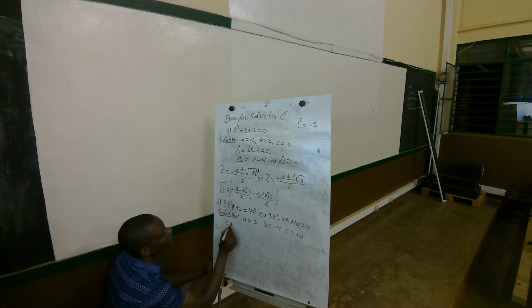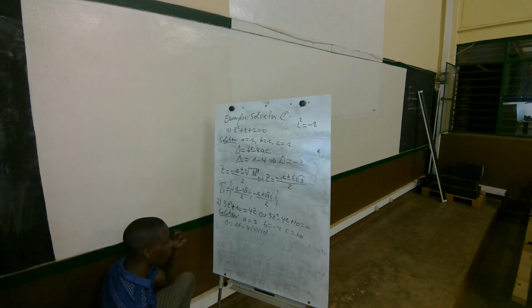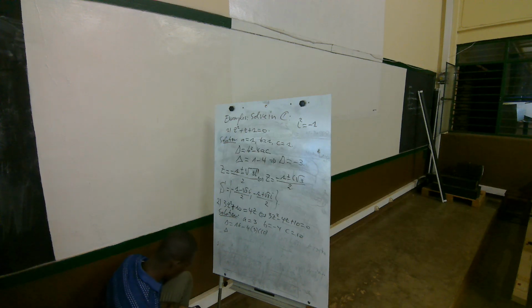Then determinant is equal to b squared, which is 16, minus 4ac, that is 4 times 3 times 10. Now this is equal to what? This will be equal to 16 minus 120.